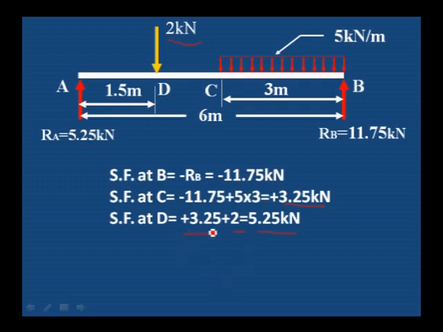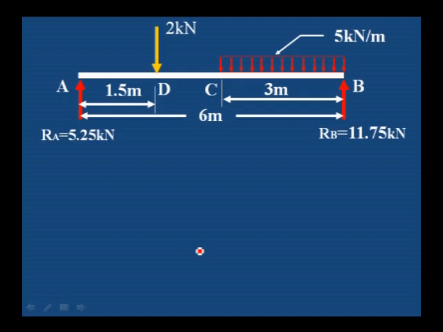We are using the plus value because it is a downward force. Then shear force at A should be equal to 5.25 kilonewton, because from D to A no load is added, therefore shear force remains constant at 5.25 kilonewton. These are the values of shear force at B, C, D and A.